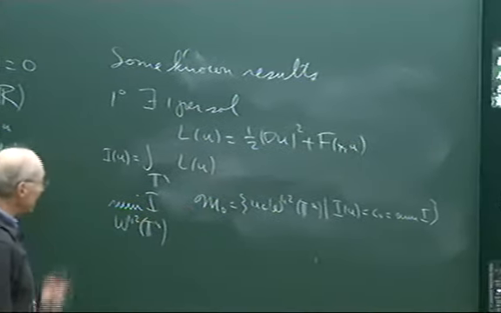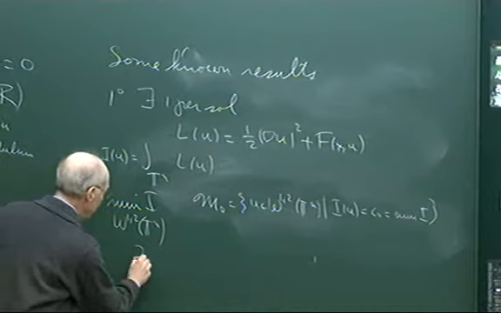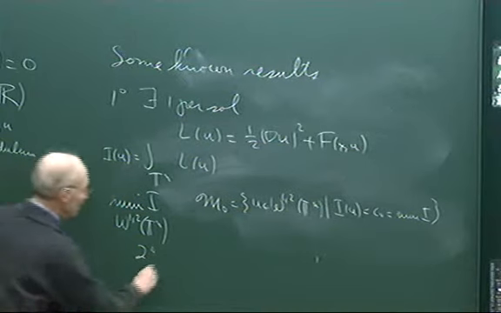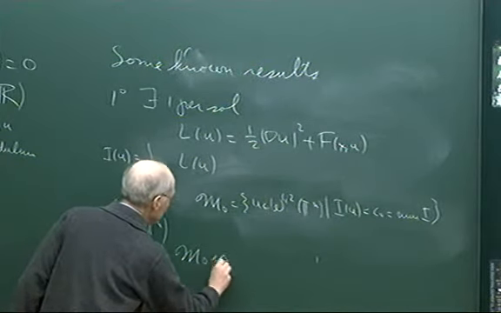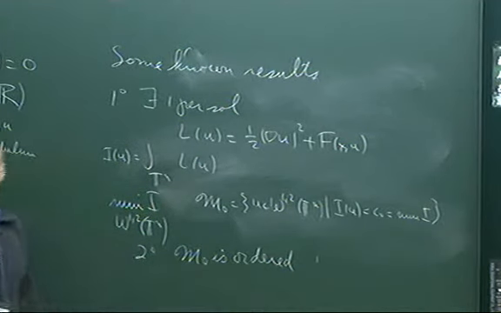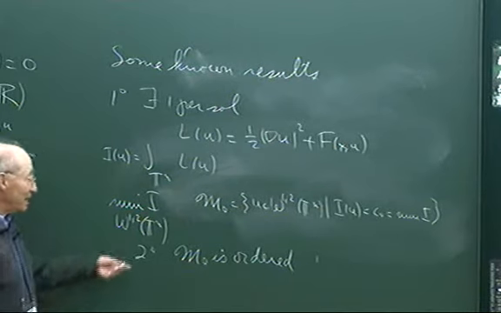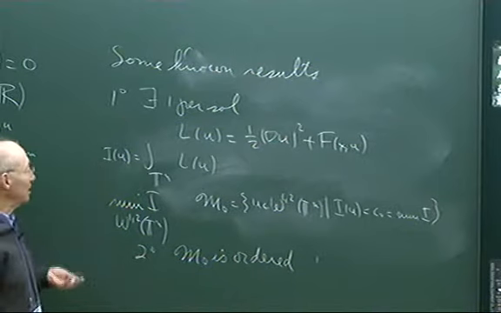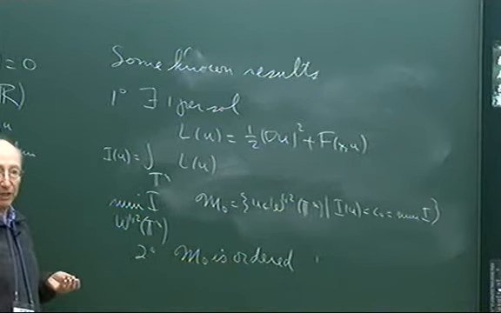Okay. And second fact, shown by Moser, the set of minimizers is an ordered set. A little bit surprising. This again is very elementary. It uses the variational nature of the problem together with the maximum principle in a clever way.